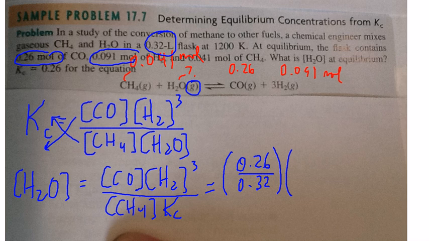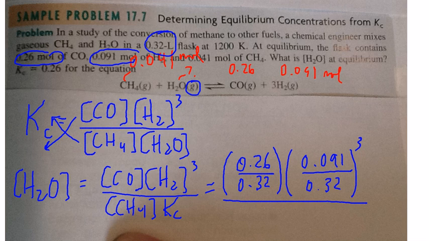The H2 concentration was 0.091 moles divided by 0.32 liters, and this is cubed. We're dividing this by the methane concentration, which is 0.041 divided by 0.32 liters.